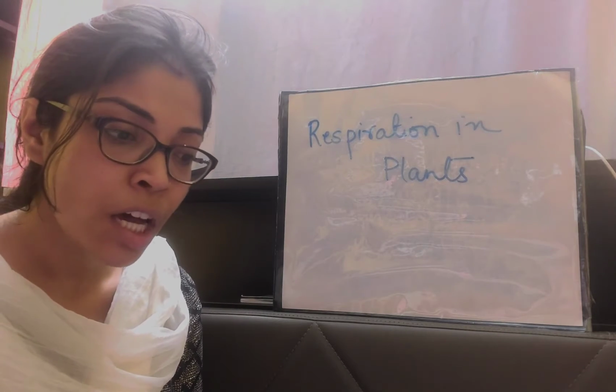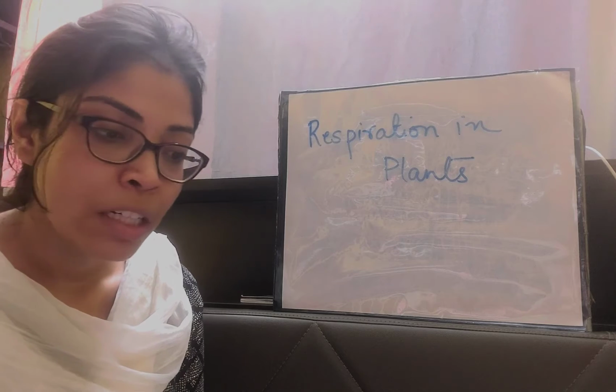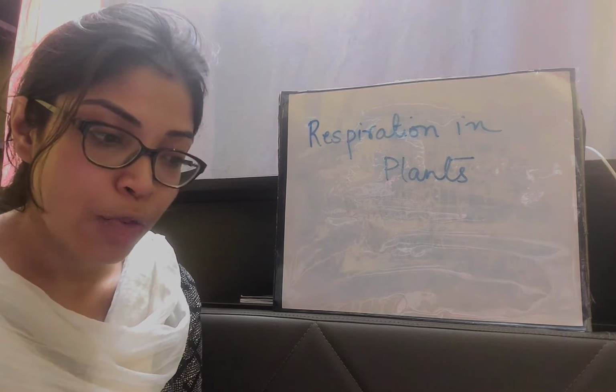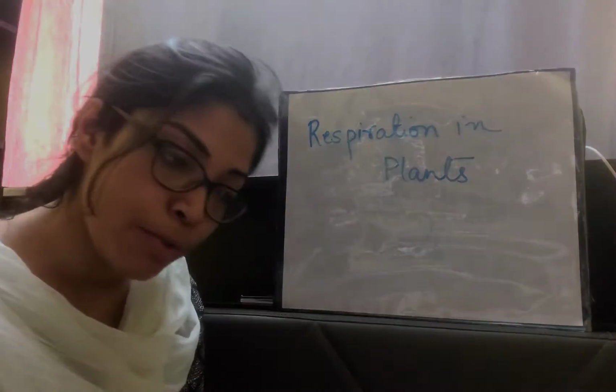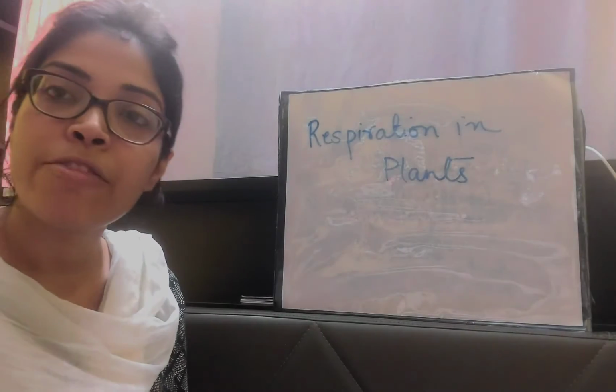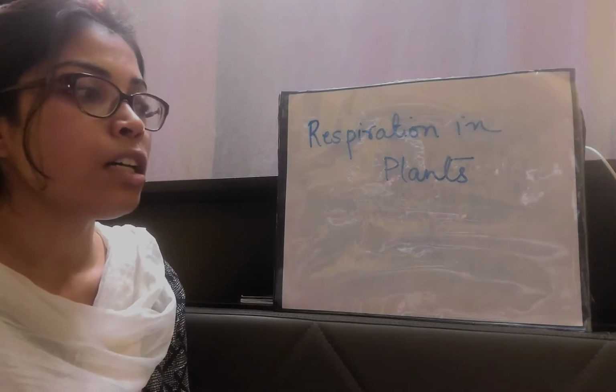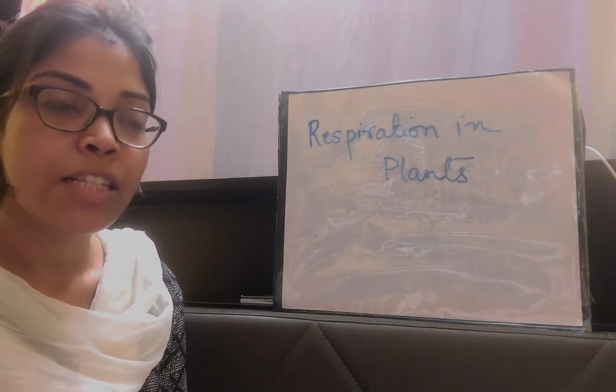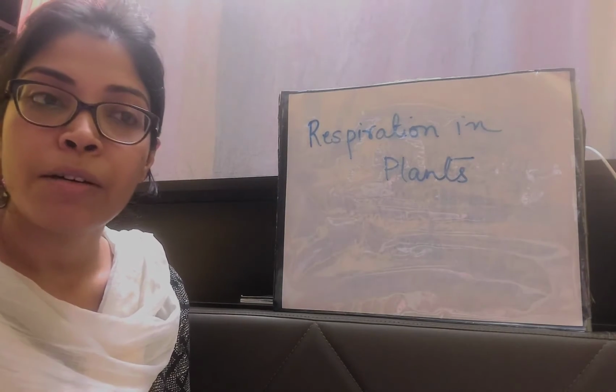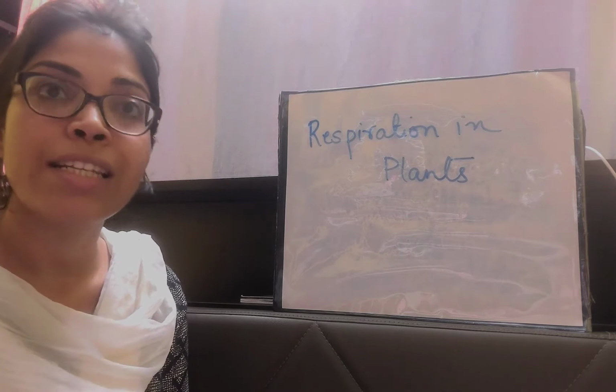Okay, look into the book again. You know that plants manufacture their food by the process of photosynthesis. So previously, in the first unit test, you learned the chapter on photosynthesis, and there you learned that plants perform a process which is light dependent.